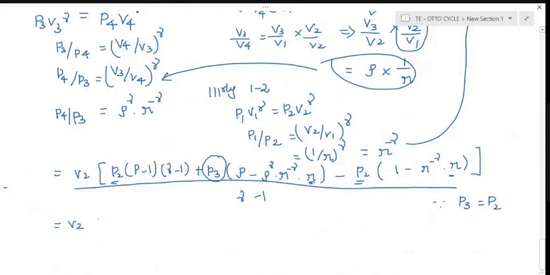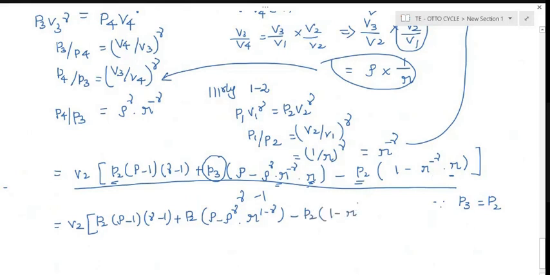So P2 into (ρ-1) into (γ-1), plus instead of P3 we can use P2 into ρ minus ρ^γ into, so here have an r, here have an r, so simply we can say as r^(1-γ), minus P2 into 1 minus, here also same base r, so r^(1-γ).